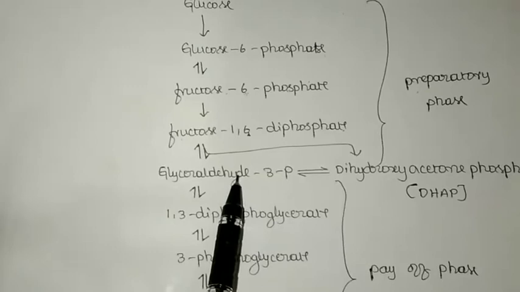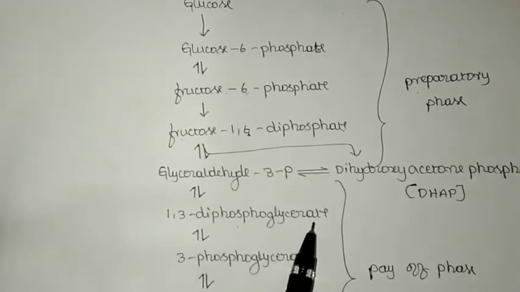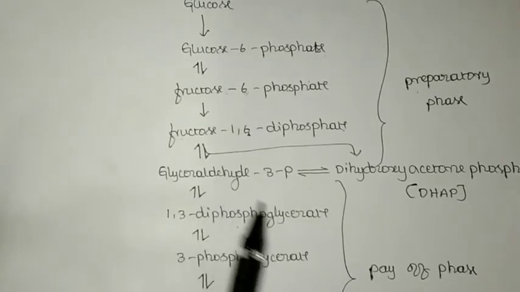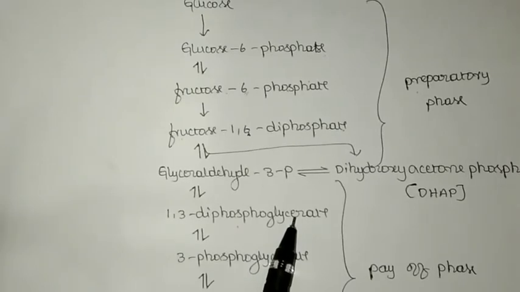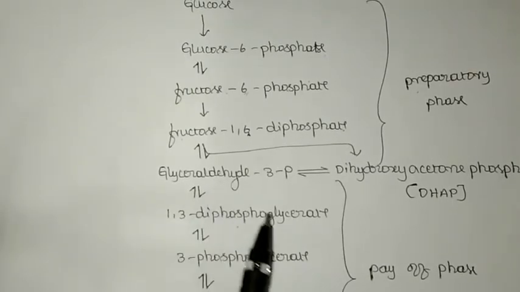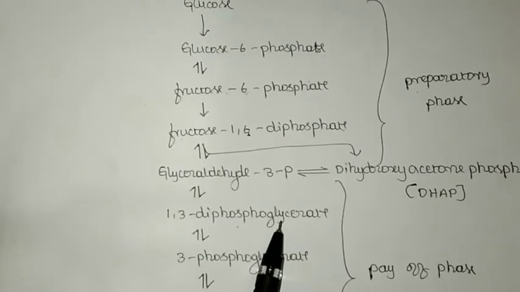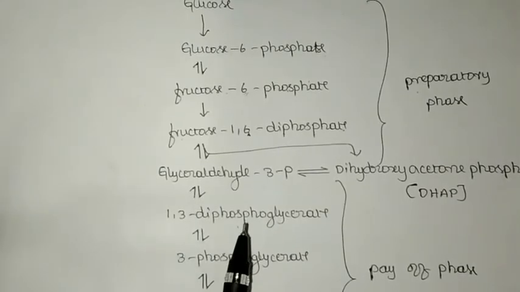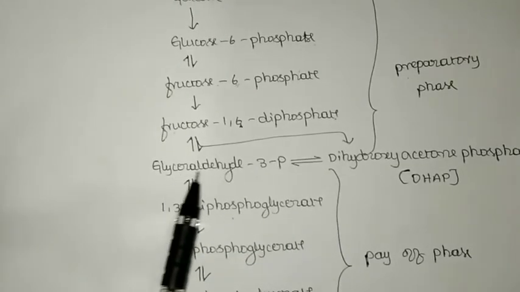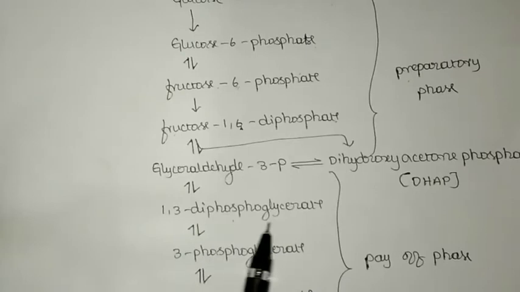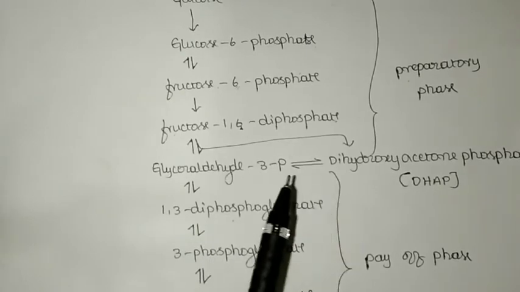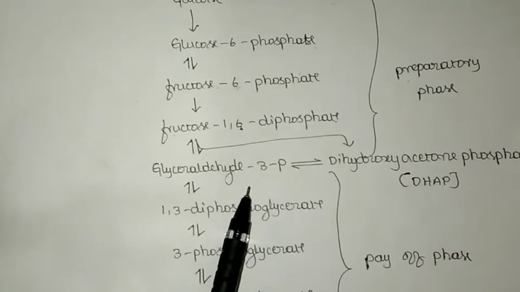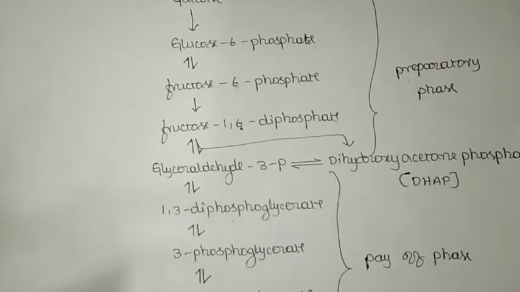Here glyceraldehyde is converting into glycerate, meaning an aldehyde is converting into the form of an acid derivative. If an aldehyde has to be converted like this, there should occur oxidation of the aldehyde. That means we need an enzyme that performs dehydrogenation. So now we shall see how this glyceraldehyde 3-phosphate converts into 1,3 diphosphoglycerate.